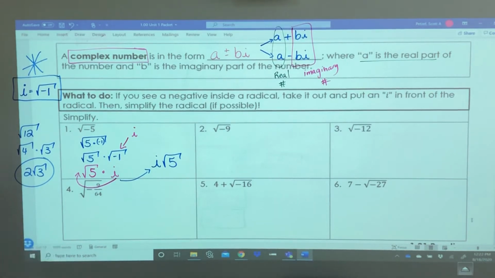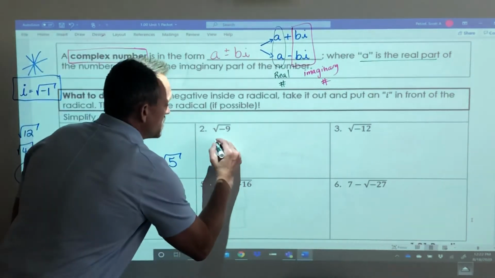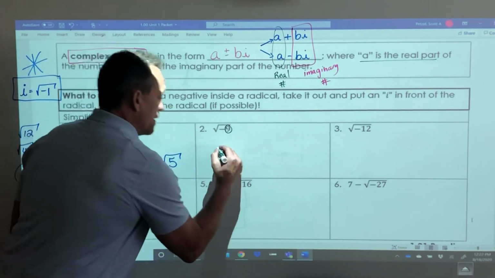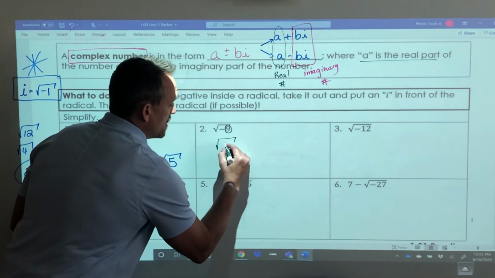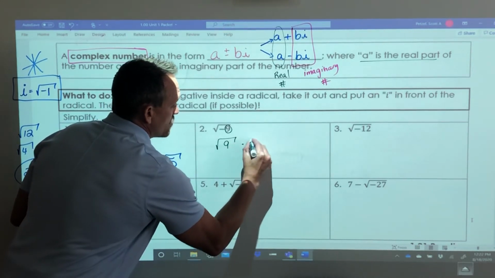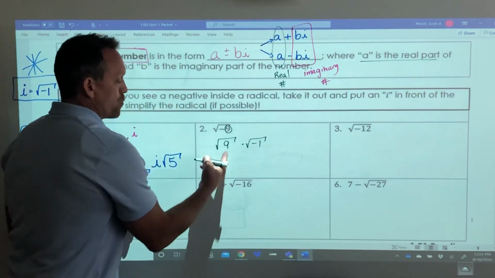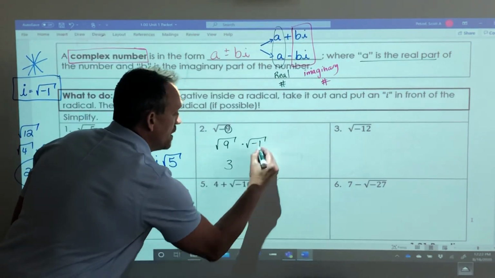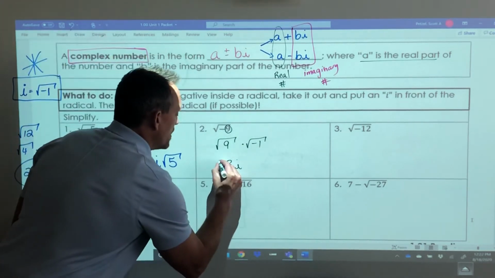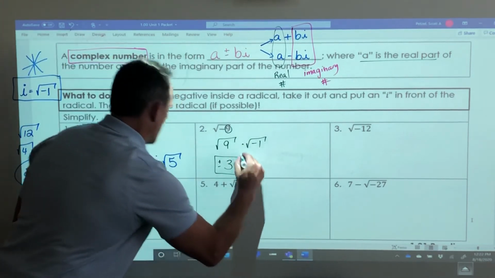All right, next one. Same thing. Separate perfect square, but it's got a negative. So if we say square root of 9 times the square root of negative 1, square root of 9 is equal to 3, square root of negative 1 is equal to I. In this scenario, this is technically positive and negative.